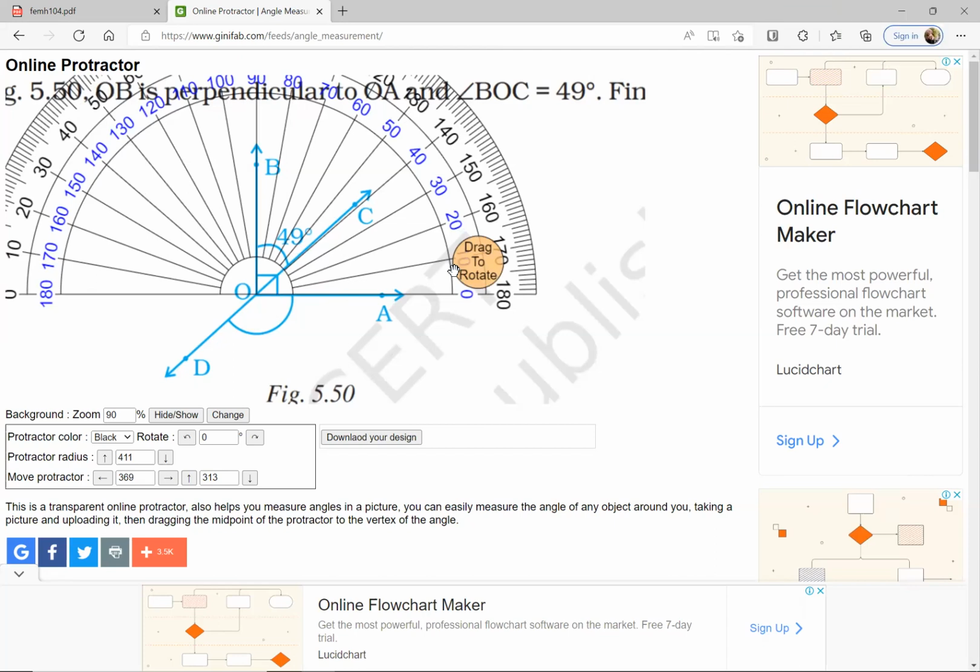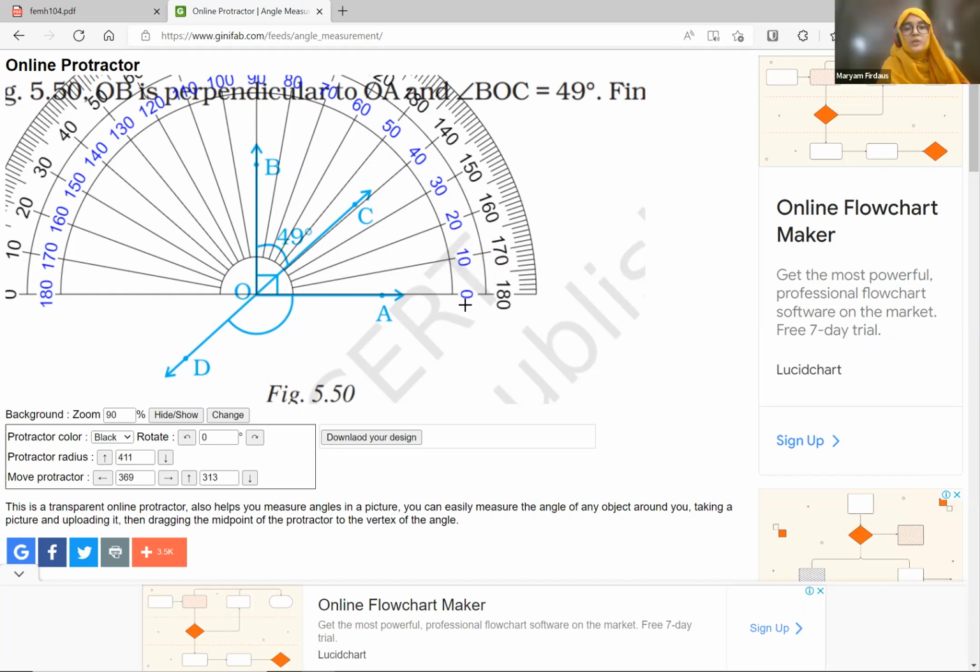Okay, see, the rule is this: when you measure with a protractor the angle where the vertex is on the left and the opening of the angle is on the right-hand side, you have to read the readings which are down.